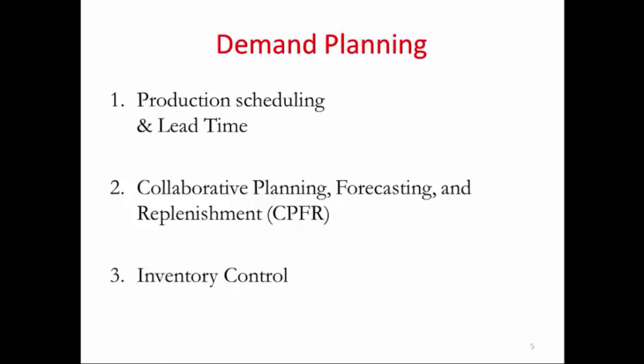Along with the demand quantity, you need to estimate how many days or weeks it would take to manufacture the required number of shoes. You need to order your inputs well ahead. This is called lead time. As a marketer, you have to arrange for collaborative planning, forecasting, and the replenishment of inputs.